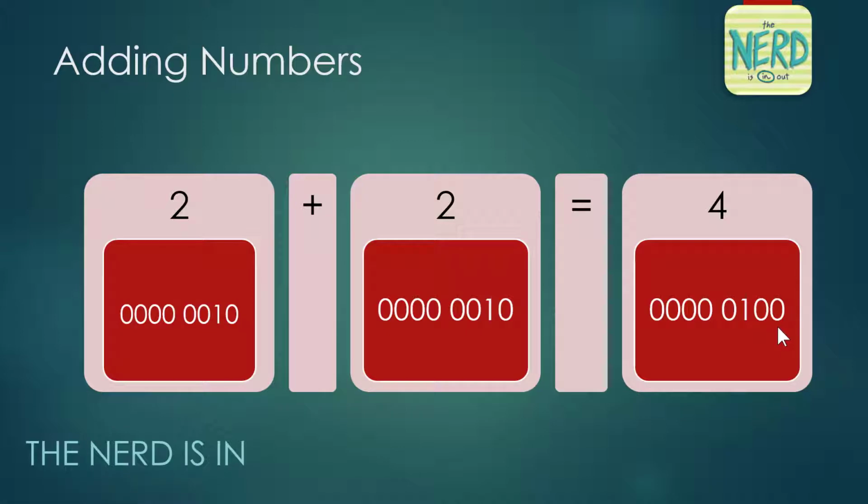So when we input stuff from text boxes, well, that gives it away. It's a text box. It's a string. We have to then convert it to a number so that we can do math with it. So let's jump back into our program and I'll show you how to do that.